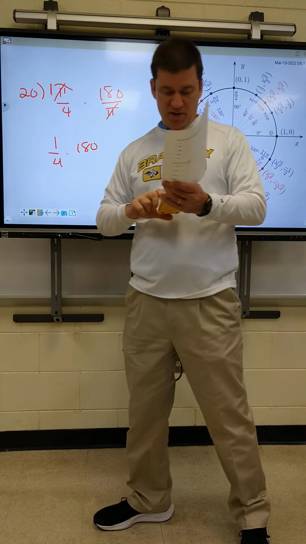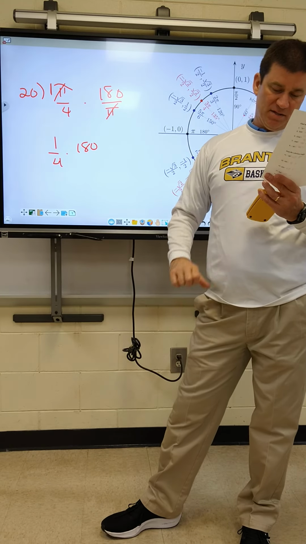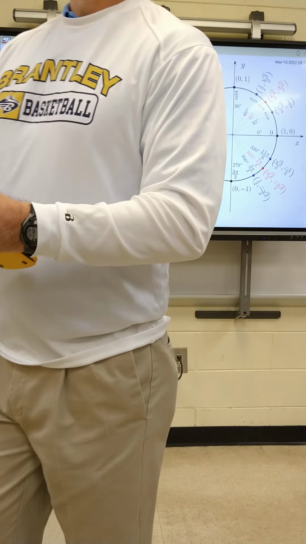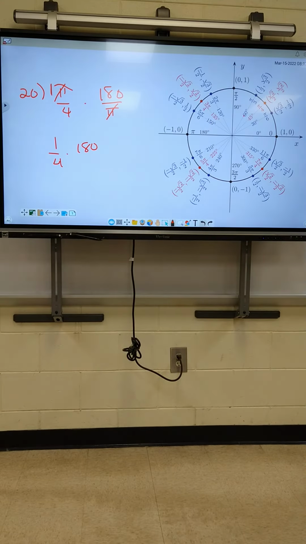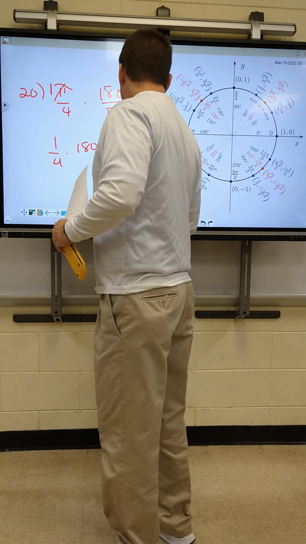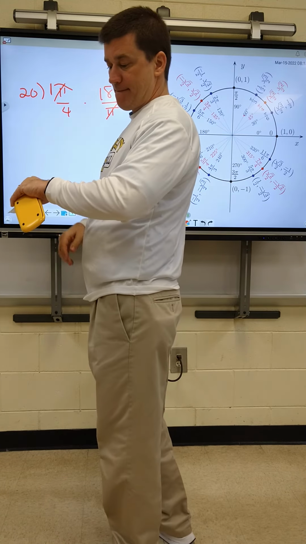Let's type that in and see what we get. 1 over 4 times 180 is 45 degrees. You should have got 45 if you typed the whole thing in.